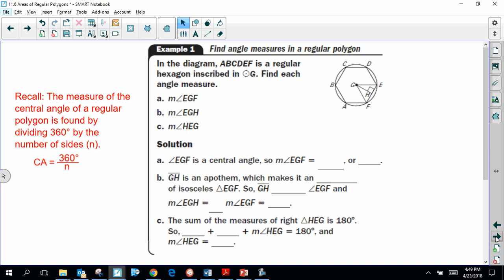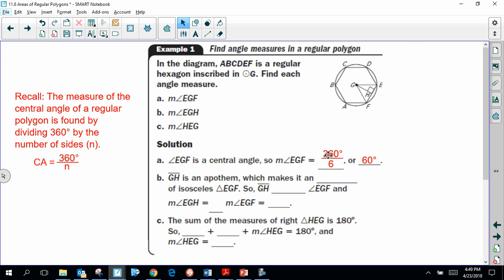So for example A, it's telling us that angle EGF is a central angle. So EGF is going to be equal to 360 divided by the number of sides, which in this case is 6. So 360 divided by 6 gives me a central angle of 60 degrees.